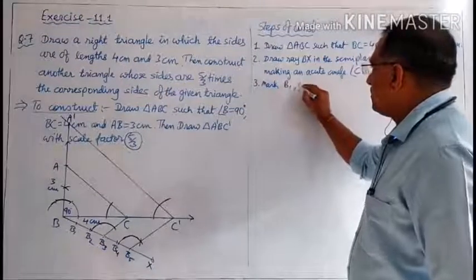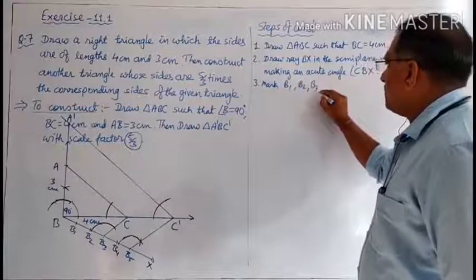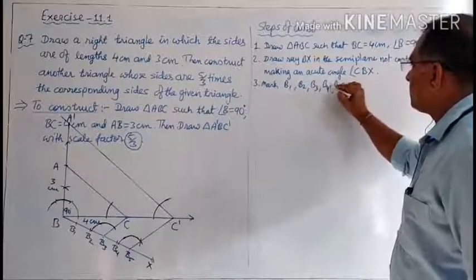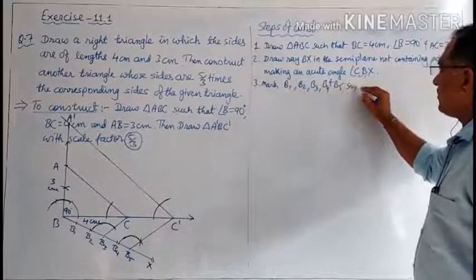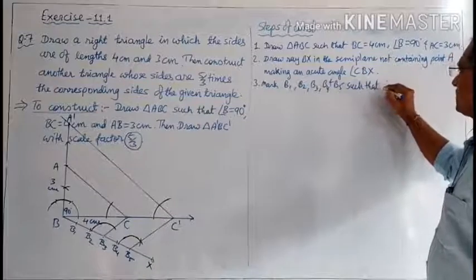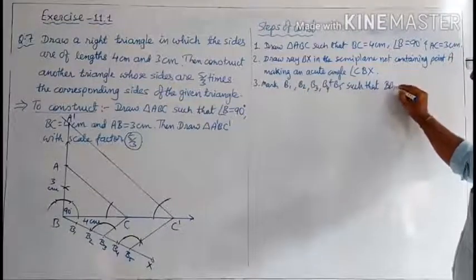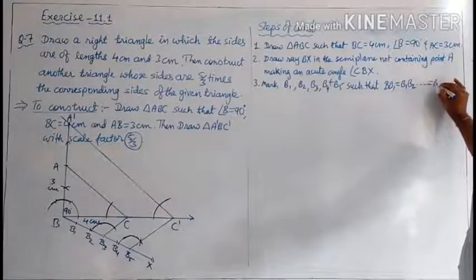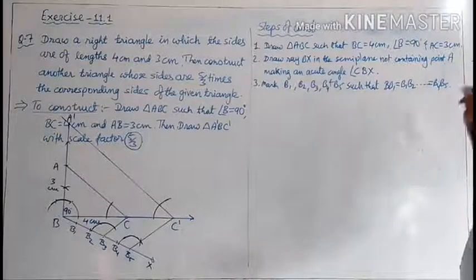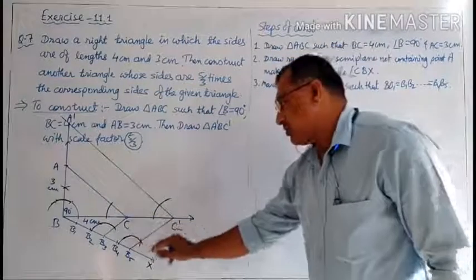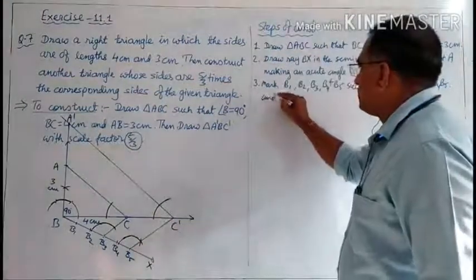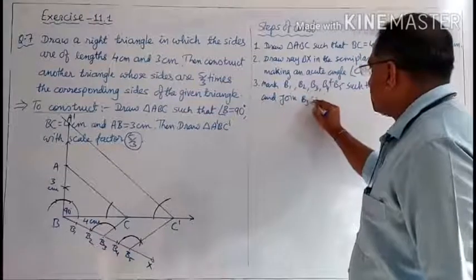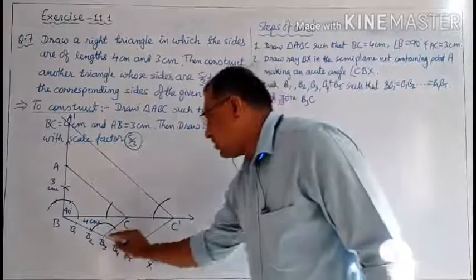Points B1, B2, B3, B4 and B5 such that the radius is equal, BB1, B1B2, up to B4B5, all equal radius. So we got this. Now join B3C.